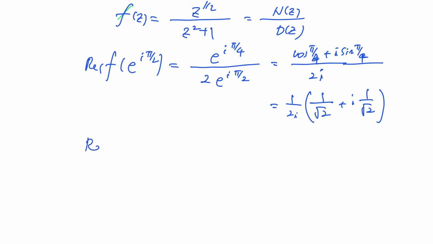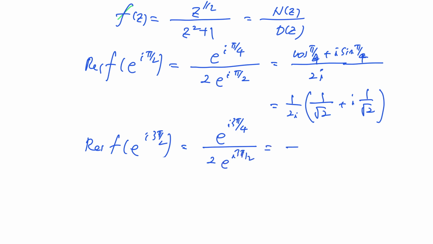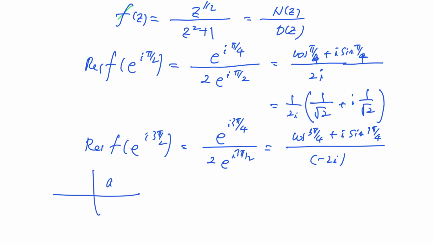How about this? The residue at e to the i 3 pi over 2 is e to the i 3 pi over 4 over minus 2i, which is cosine 3 pi over 4 plus i sine 3 pi over 4.